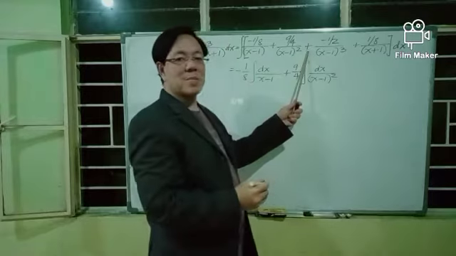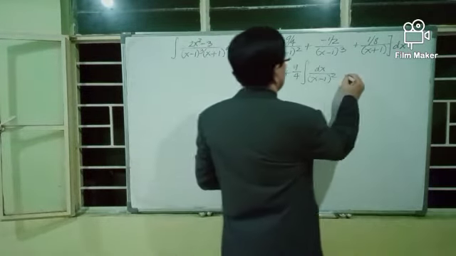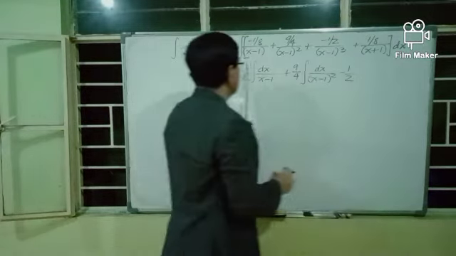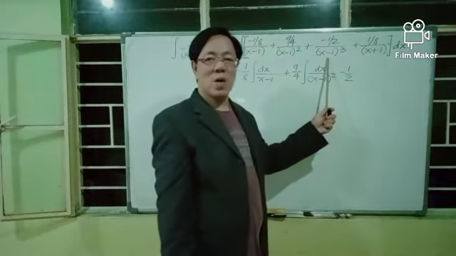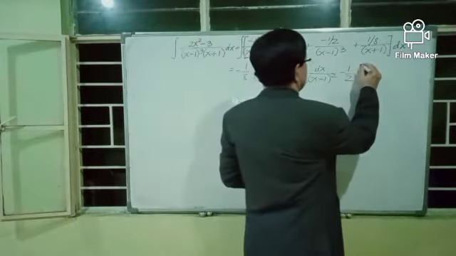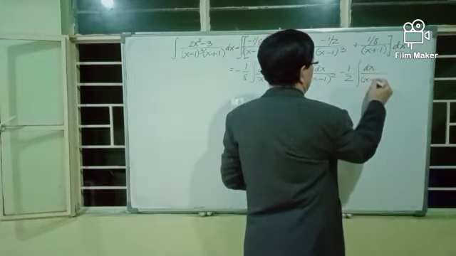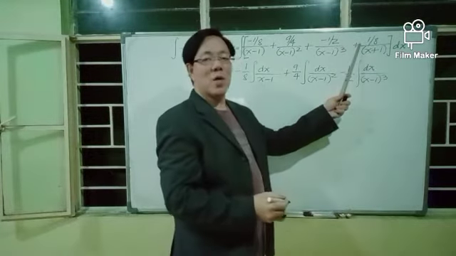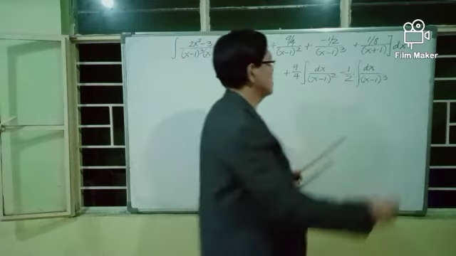The next term is positive times negative 1/2, which is negative 1/2, times the integral of dx over x minus 1 cubed. And the last term is 1 over 8 times the integral of dx over x plus 1.